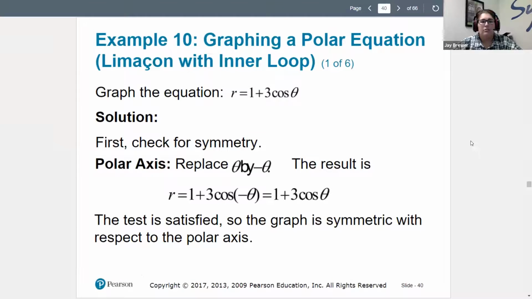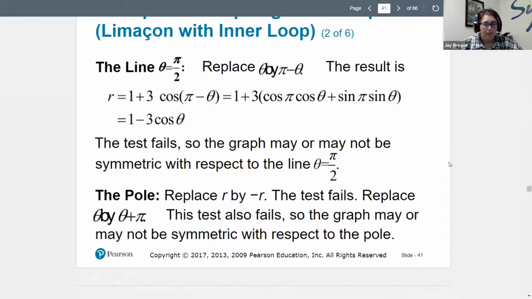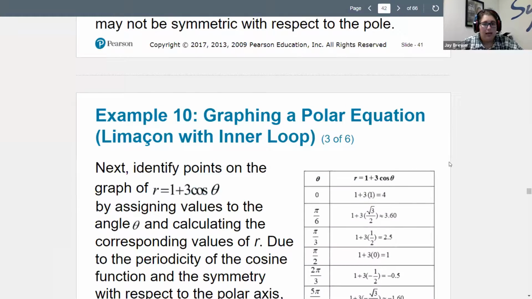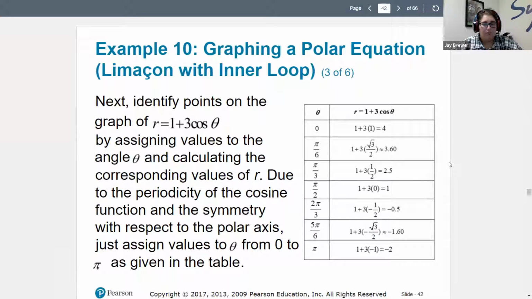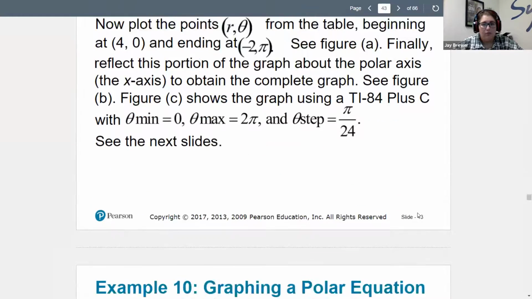All right, so this is an example of a limacon with an inner loop. Again, they're checking for symmetry. You want to check for polar axis symmetry, the line of theta equal to pi over 2, and then also with the pole. You find your points. And then this is pretty cool.